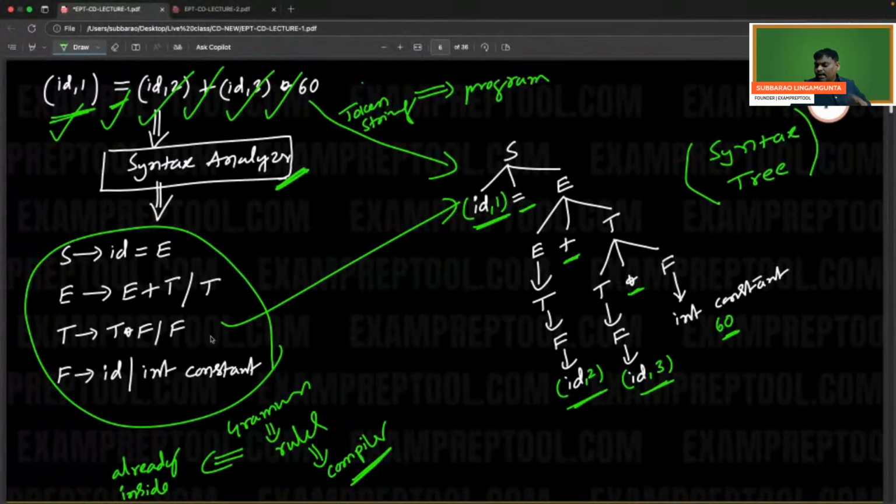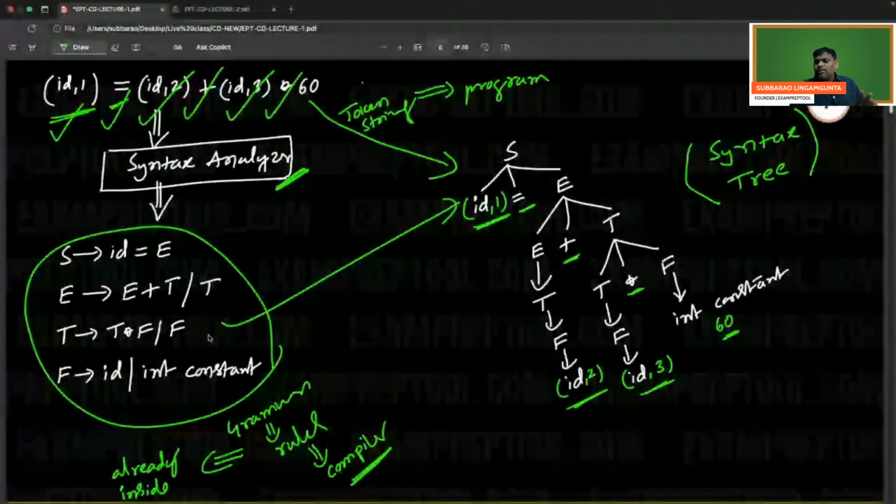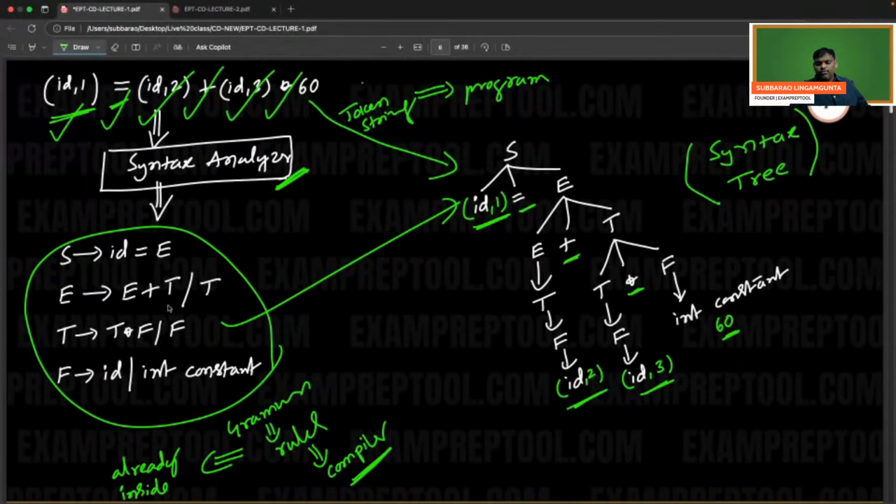If the compiler is not there in my computer, how can I compile the program? So compiler should be there first. When you say the compiler is already installed, it means grammar and rules are already there.